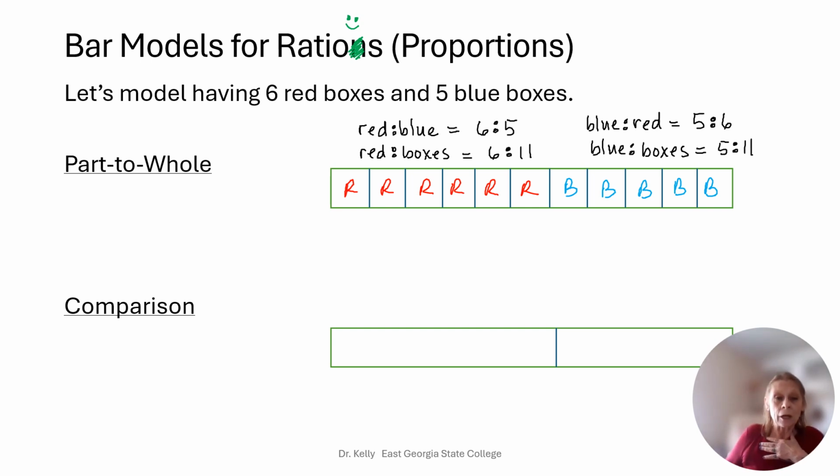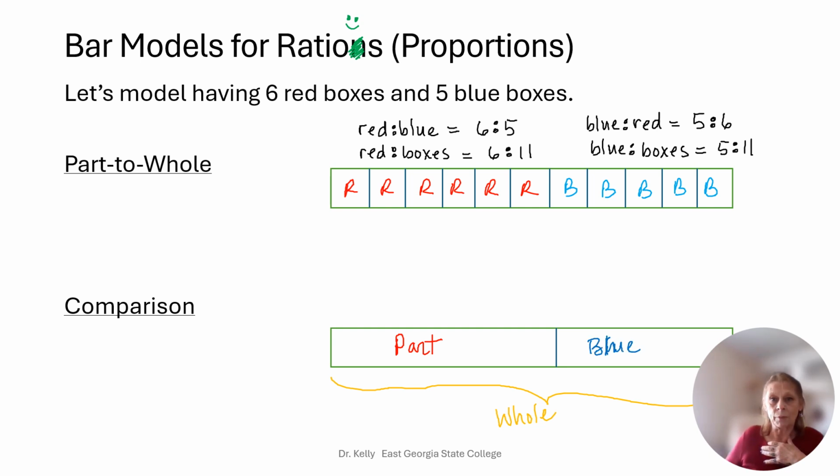So the comparison model here is a little bit different. We look at the entire thing as the whole. And one side is going to show the part for the red, and the other side is going to show the part for the blue.